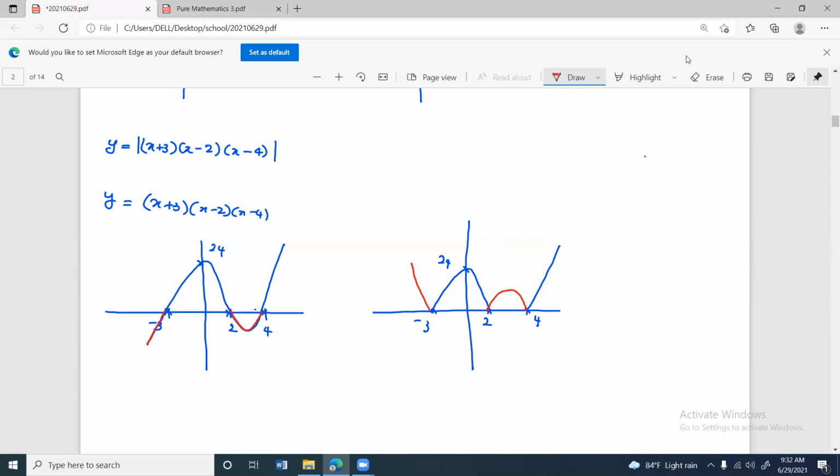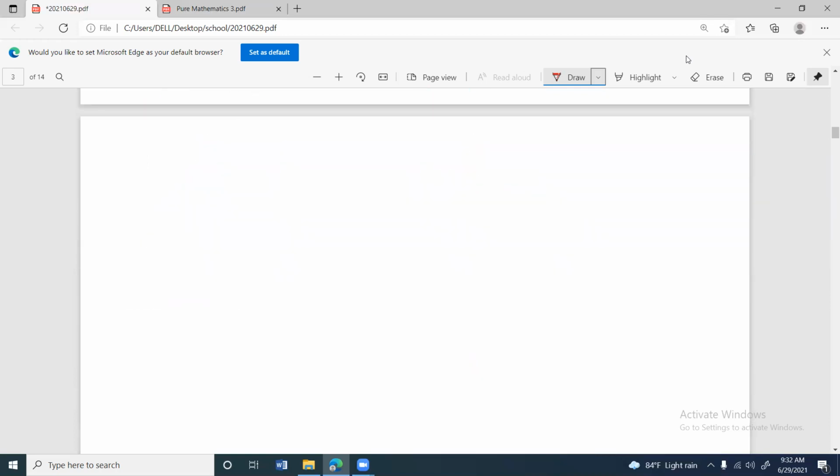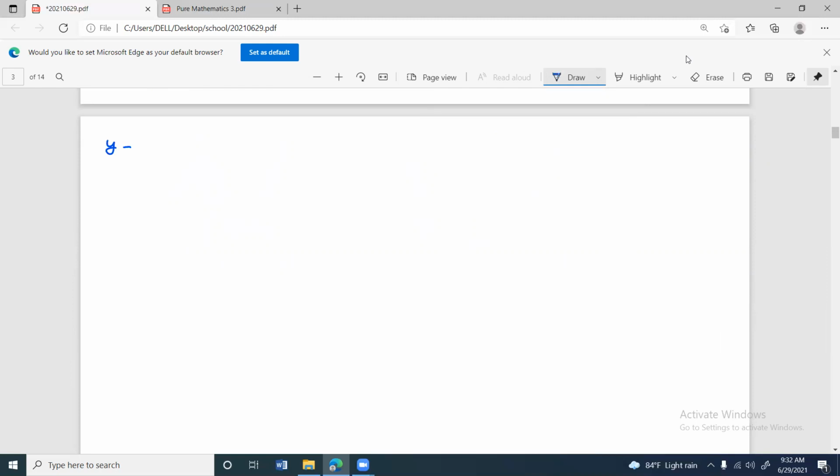Okay, let's go ahead with a couple more examples with these modulus graphs. If you want to draw the modulus of 1 over x graph, initially we need to draw y equals to 1 over x graph.